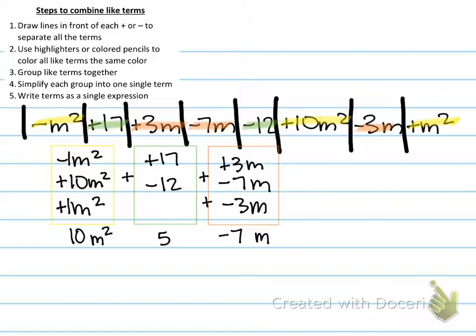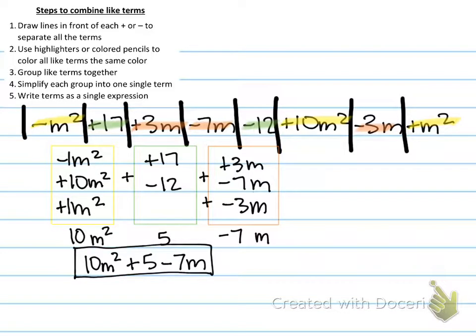So all I need to do is write these down and connect them. So there was nothing in front of the 5. I can always add an addition sign in front of that. And then 7m. And just like I was saying in the last example, this is a fine answer.